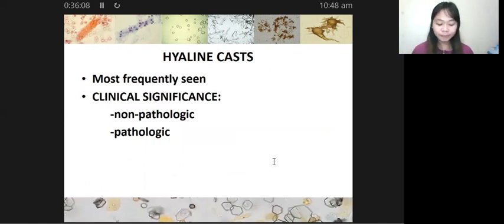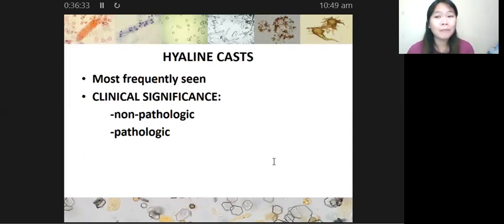So una, we have your hyaline casts. Okay? So since doon po sa ating cast formation, sila yung unang na-form, thus, sila din ang most frequently seen. Okay? Kasi madali lang po silang ma-form as compared to the other casts that we have.